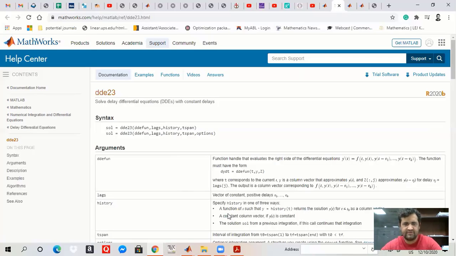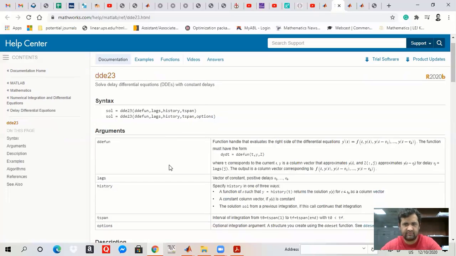For instance, it could be a constant vector like this. And then you can establish a time interval, choosing some initial and final times where you want to integrate your delay differential equation.